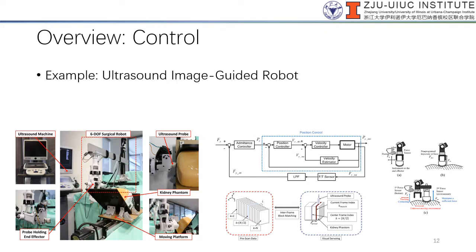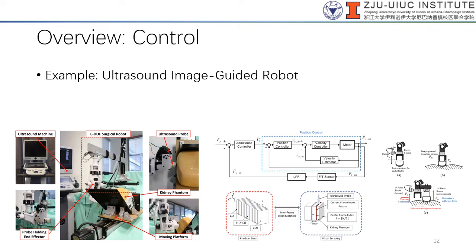In this case, the robot can stabilize the movement of the patient. Because the patient will be breathing, the patient will be moving, and it's very hard for the surgeon to send the needle to the right position by looking at the ultrasound and multitasking a lot of different things. They have to position the probe, look at the ultrasound image, look at how the patient moves and breathes, and insert the needle accordingly. Sometimes the needle will bend and things like that.